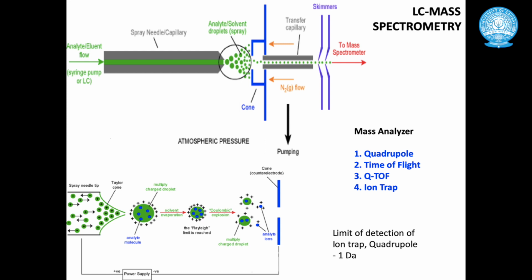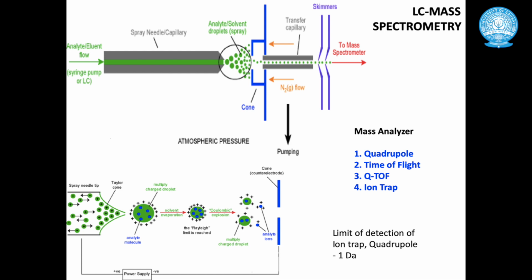If the HPLC flow rate is 1 ml per minute, then around 0.2 ml, that is 200 microliters, will enter. It may be less than 200 microliters also. The maximum accepted volume is 200 microliters to enter this mass spectrometry instrument.